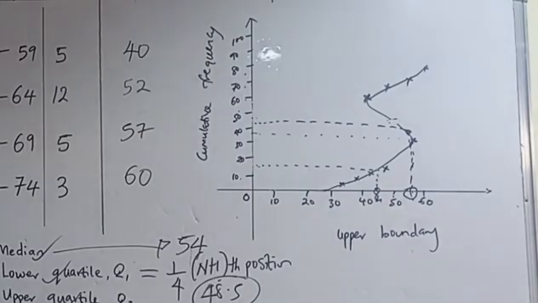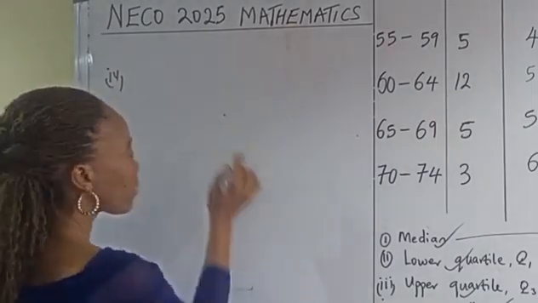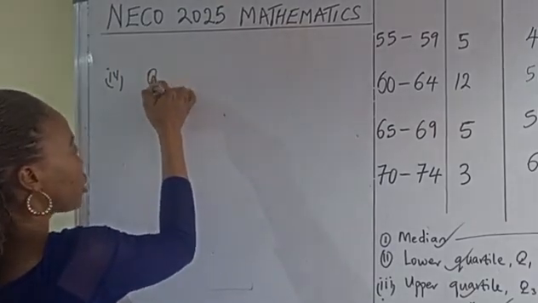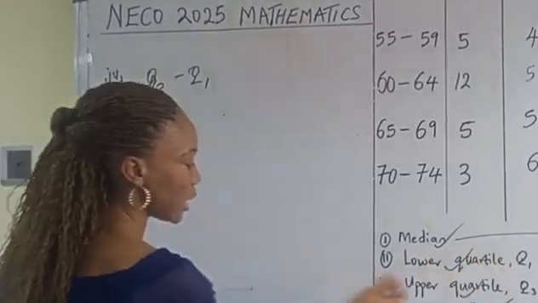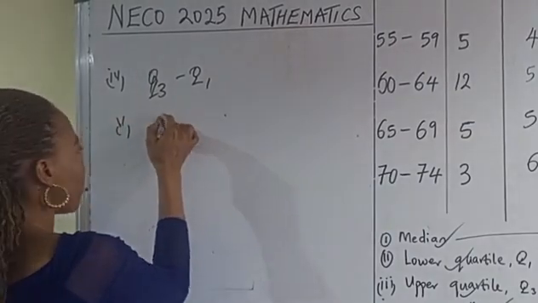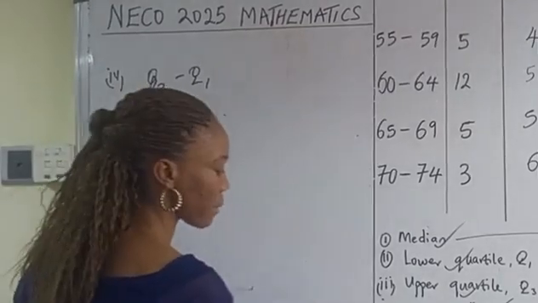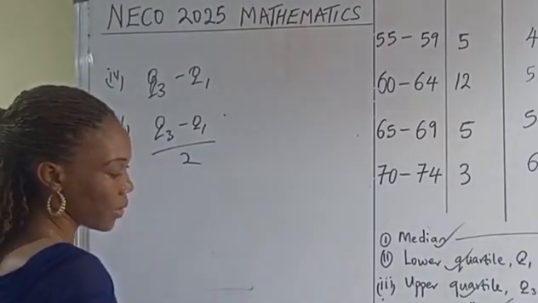So now the next thing is to find the interquartile range. The interquartile range is a range, Q3 minus Q1. Then the semi-interquartile range will be Q3 minus Q1 over 2. That's the semi-interquartile range. Whatever you get is a range.